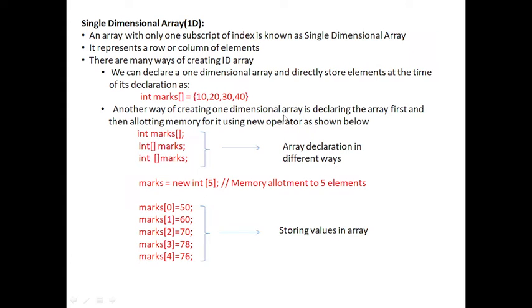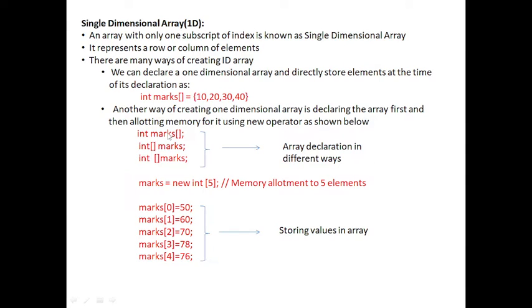Another way of creating a one dimensional array is declaring the array first, that is array declaration, then memory allotment, and then initialization, that is storing of values. These three things are done separately here, whereas in this case declaration, storing of values, that is assigning values, which is initialization, and instantiation are all done in a single statement.